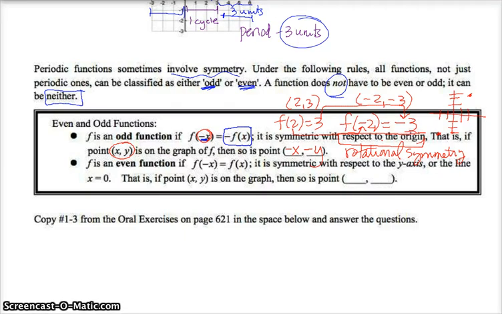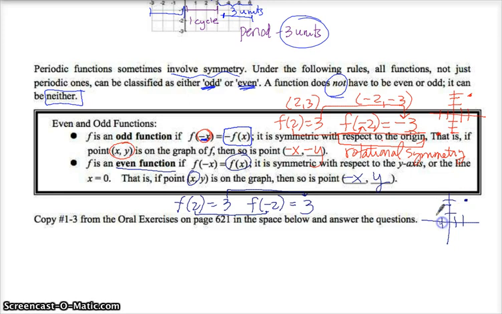Sometimes that's a little harder to see than when you have symmetry that's an even function. So when you have an even function, that means if I had f of 2 equals 3, well, when I put in the opposite of x, I would still get the exact same y. My y value doesn't change. Okay, well, let's think about what that looks like.